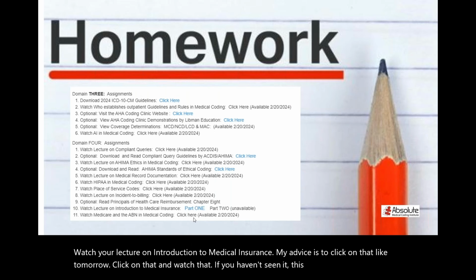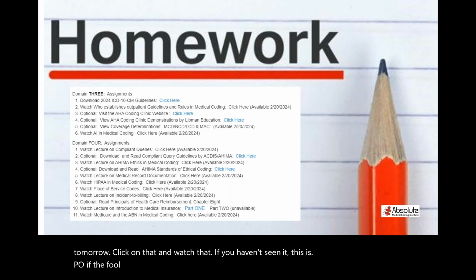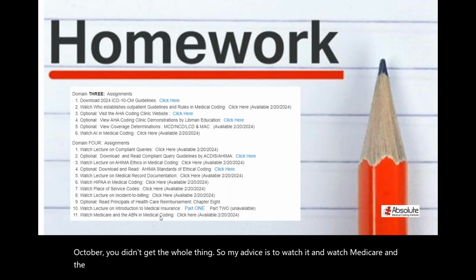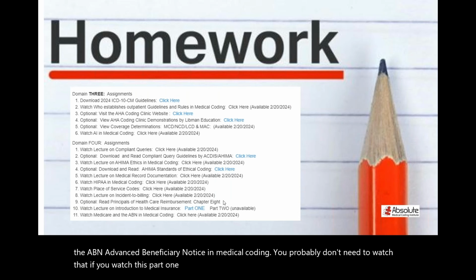This is if the full was carried out in October, part 1. So if you weren't in part 1 in October, you didn't get the whole thing. So my advice is to watch it, and watch Medicare and the ABN, Advance Beneficiary Notice, in Medical Coding. You probably don't need to watch that if you watch part 1. It should be in that part 1 as well.